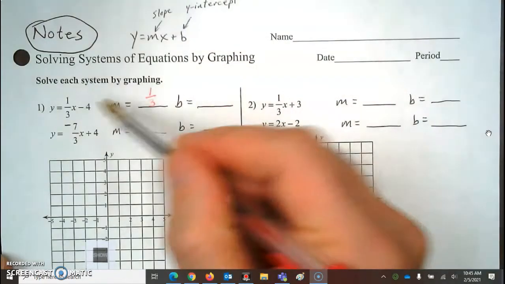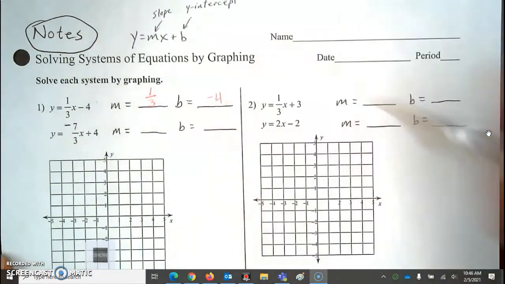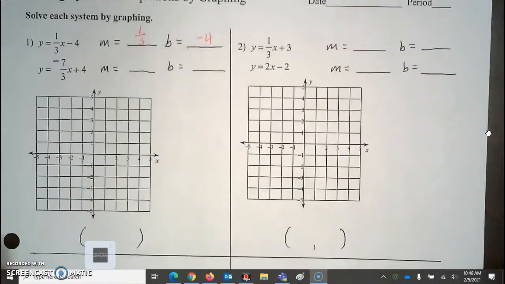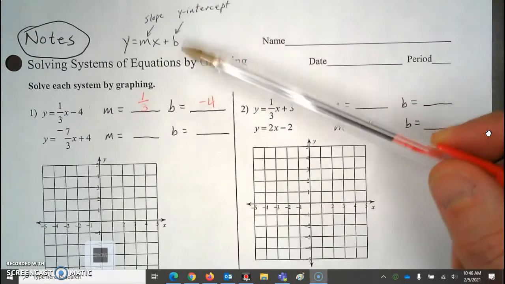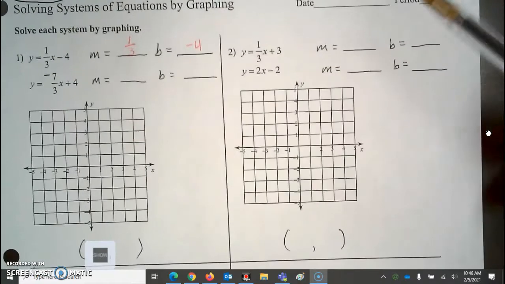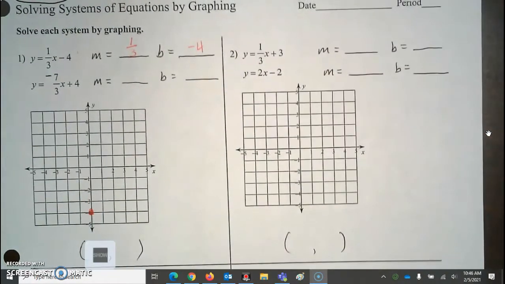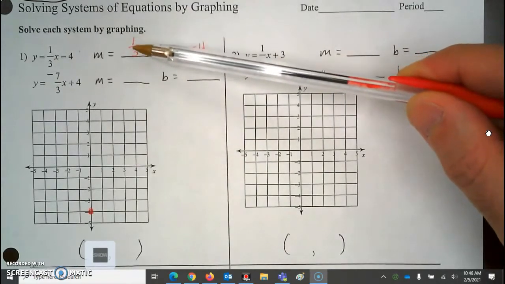And the y-intercept is this number here on the end, and it's a -4. So let's graph that. Let's go to -4 on the y-axis. Remember, that's called the y-intercept, and it's at the top of the paper right there, and it is on the homework too. So you go down to -4 and you mark that, and then you look at the slope. Our slope is 1/3, and this is rise and run.